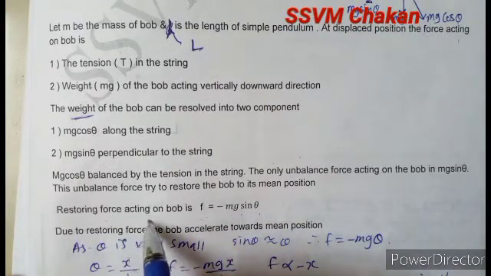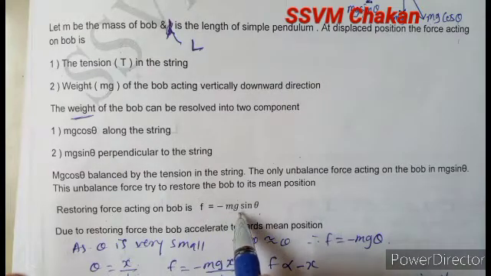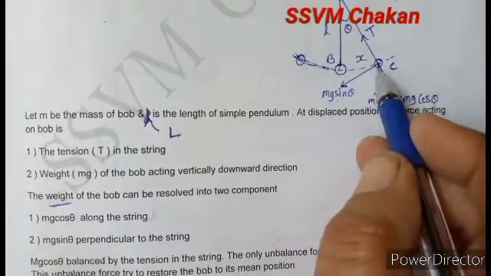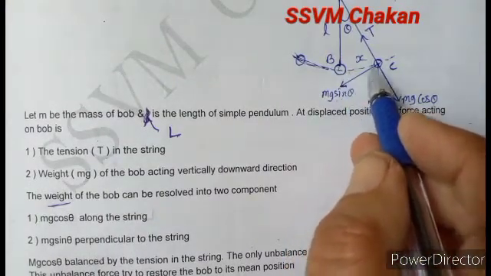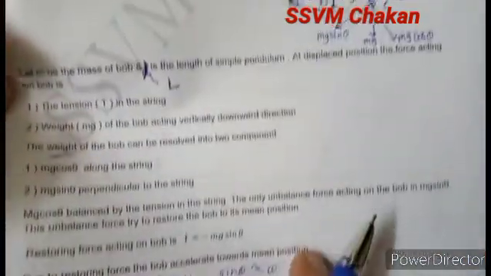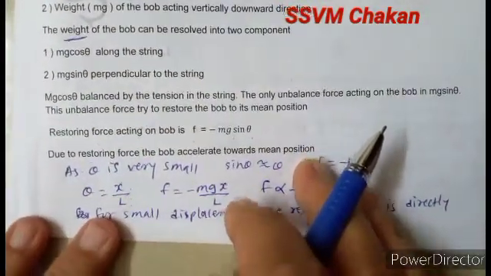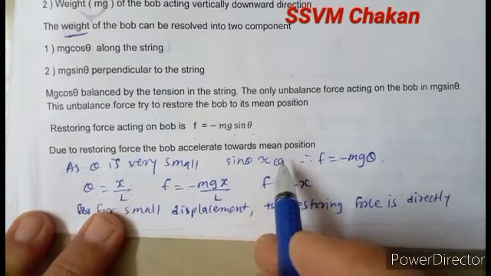Therefore, the restoring force acting on the bob is F equals minus mg sin theta. This force pulls the bob towards the mean position, and is called the restoring force. Due to the restoring force, the bob accelerates towards the mean position.